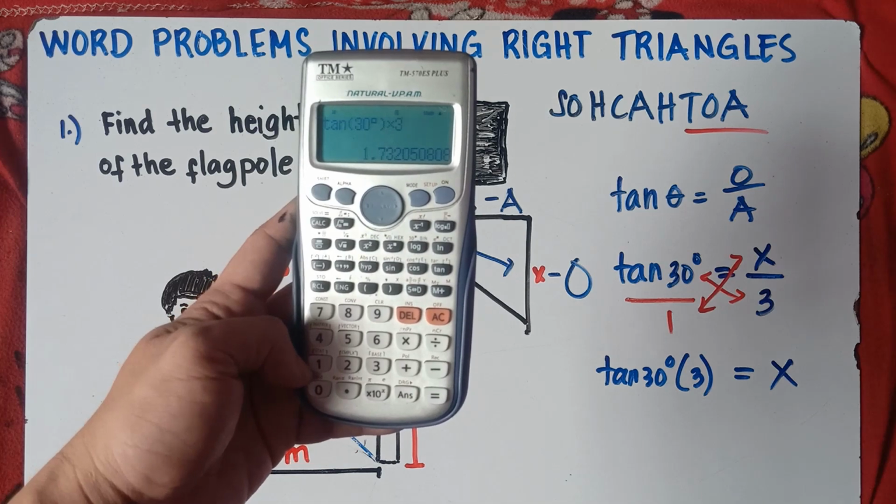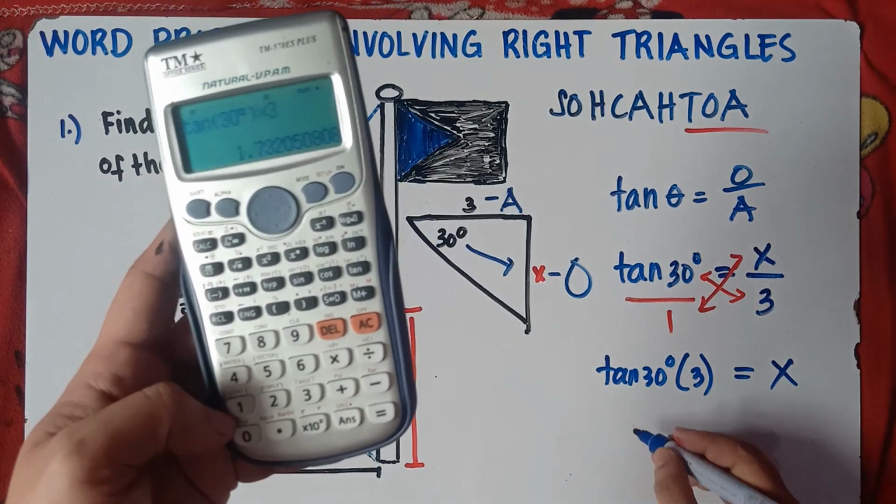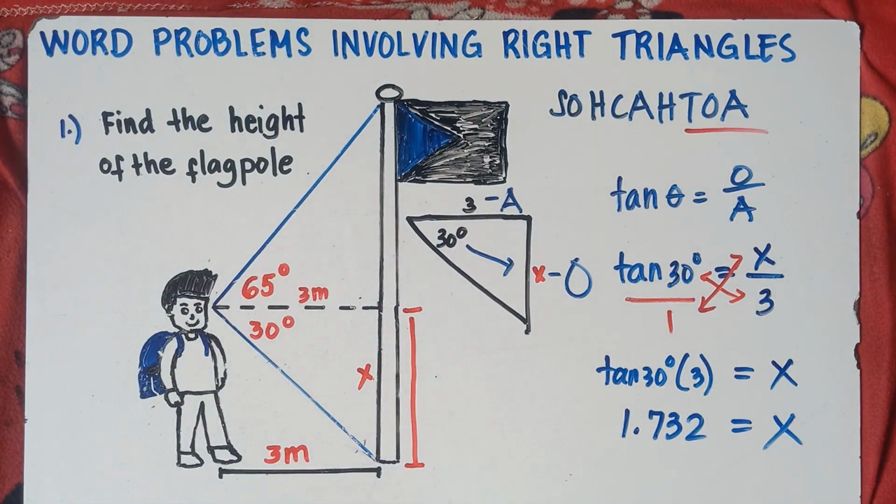Okay, once again, tangent 30 degrees times 3, we have 1.732. So the answer is 1.732 equals x. Now we need to have 2 digits, nearest hundredths. So after 3, that is 2, you need to round down. Simply copy 73. So 1.73 equals x. That's it, class.